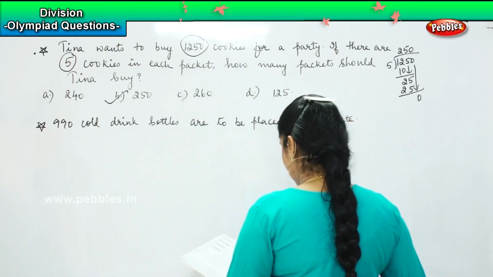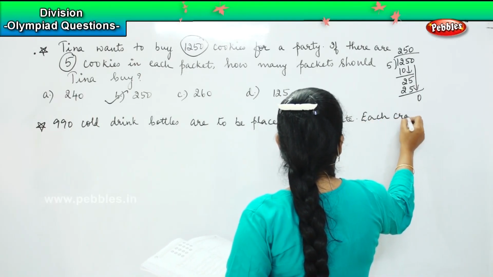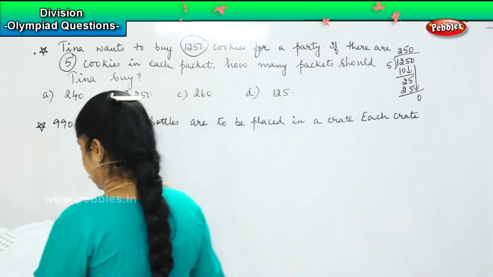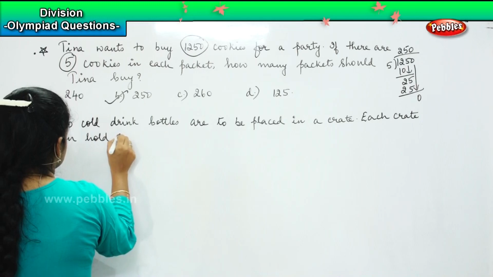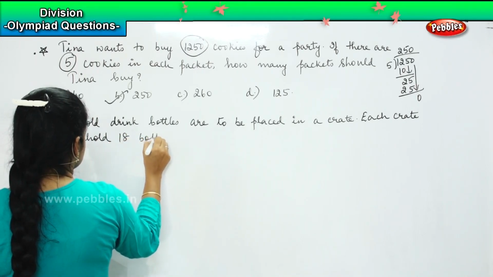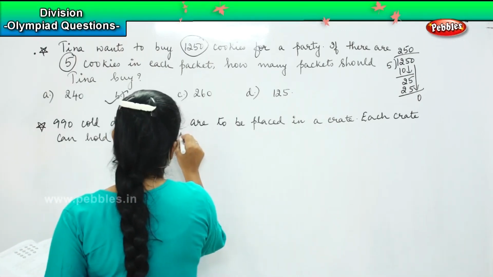Okay, each crate can hold 18 bottles. How many crates would be needed?